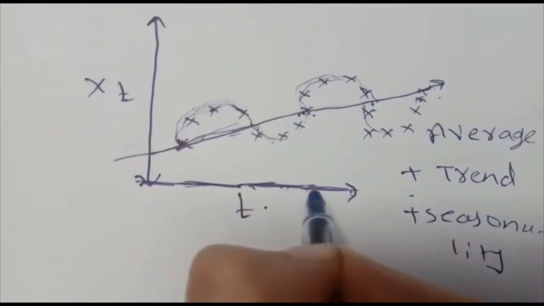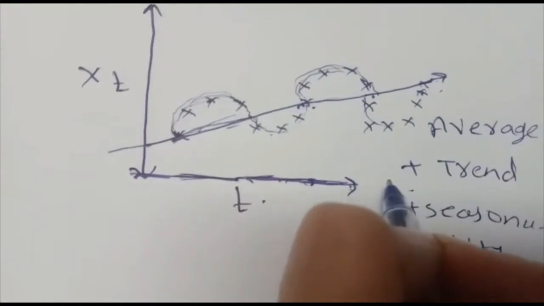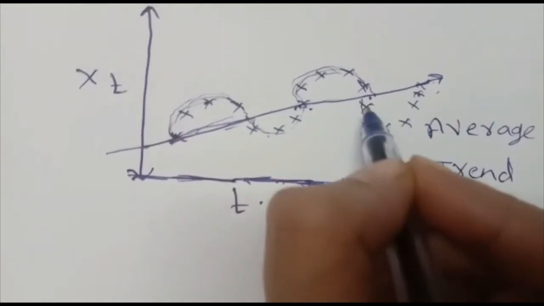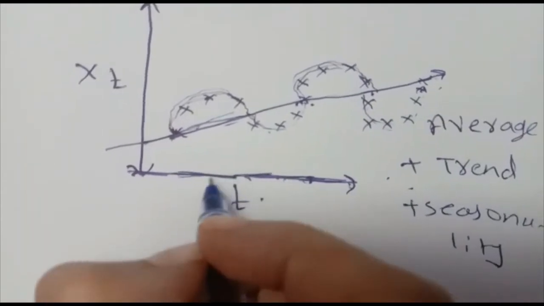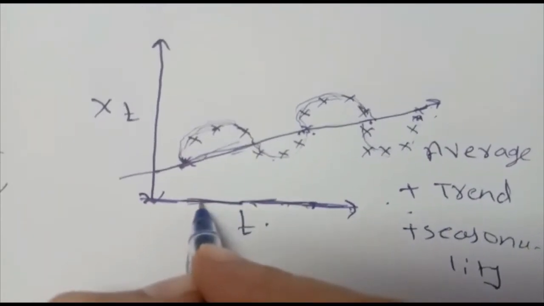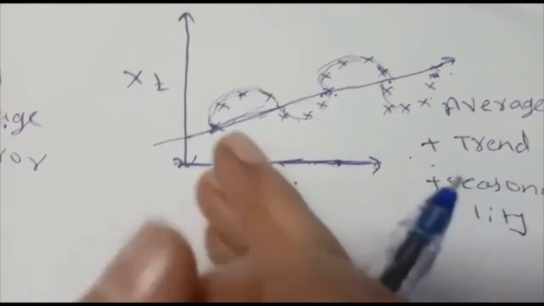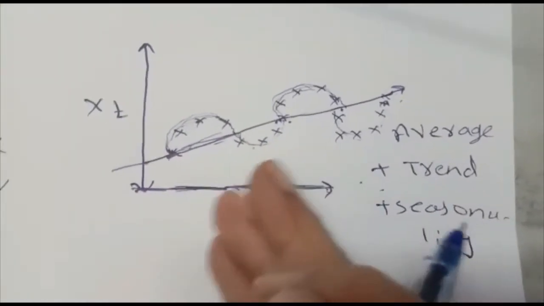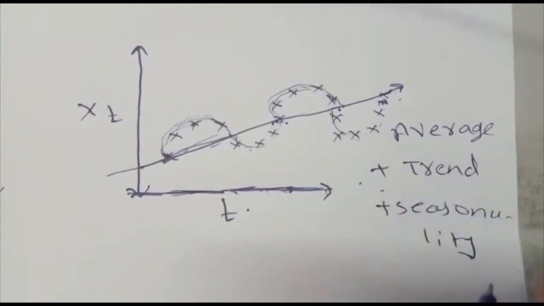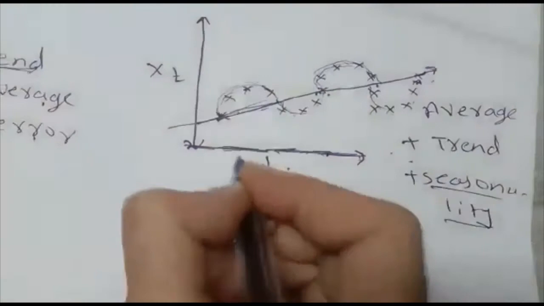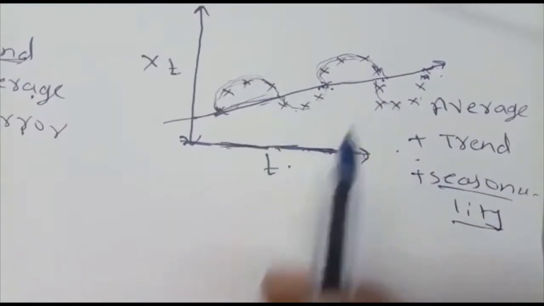Again when winter season comes, the demand for woolen cloths increases, and again when summer season comes the demand for woolen cloths decreases. And if you think on it, there is a fixed time period between summer season and winter season. After some fixed time the summer season comes, and after some fixed time the winter season comes. So in seasonality the time period is same. So this is known as seasonality.